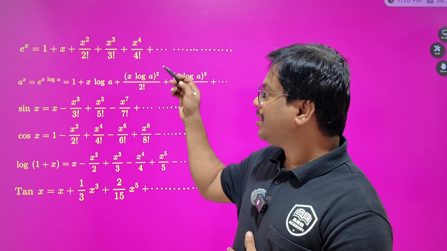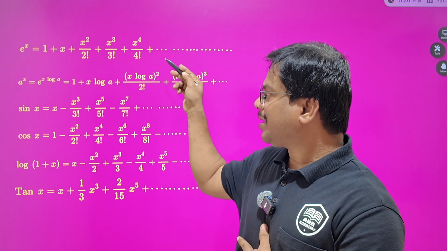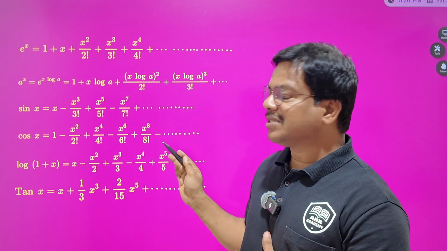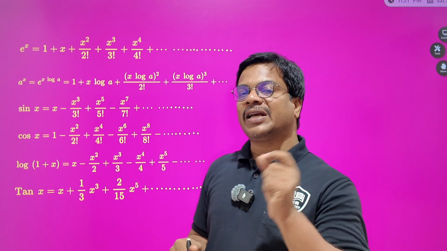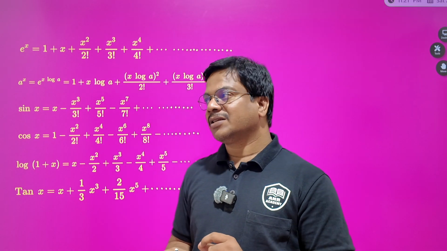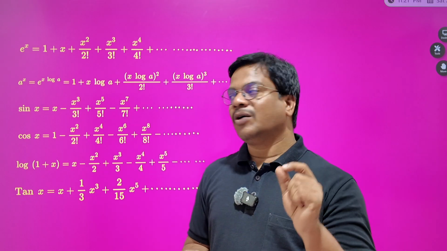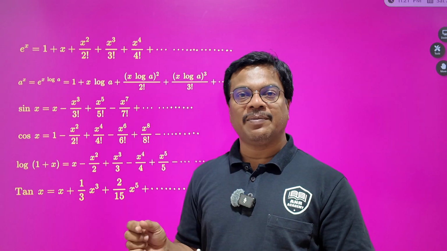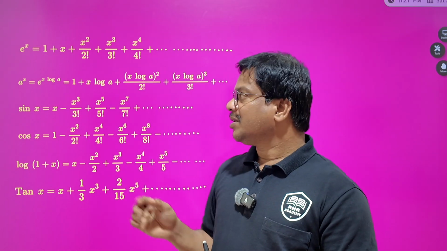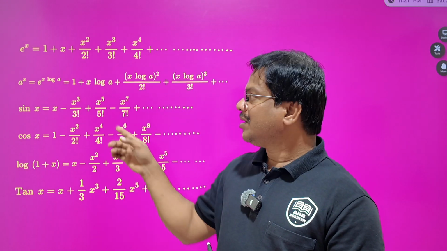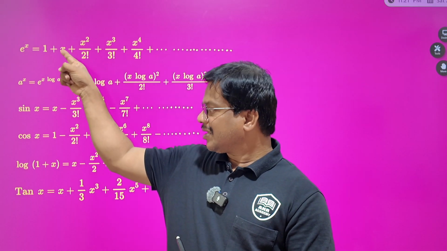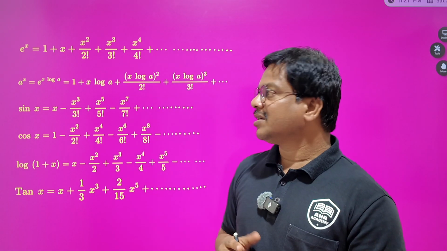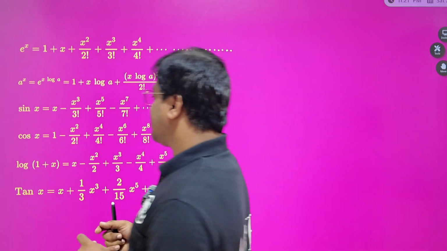If you know the formula for how to expand the function f of x with the help of Maclaurin series, using that you can get the expansion for these functions.